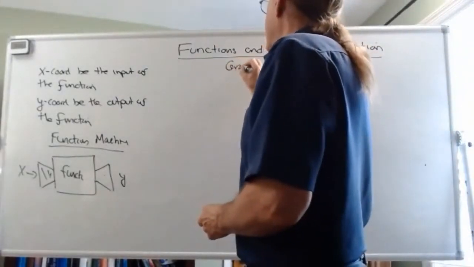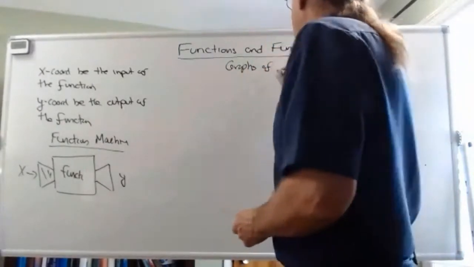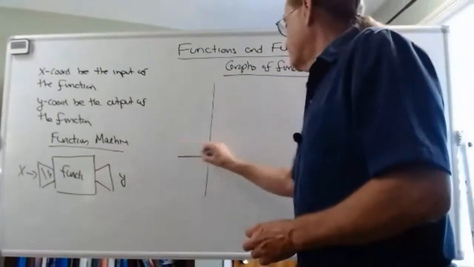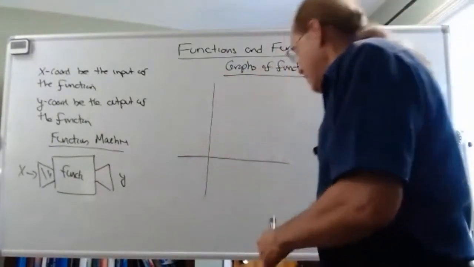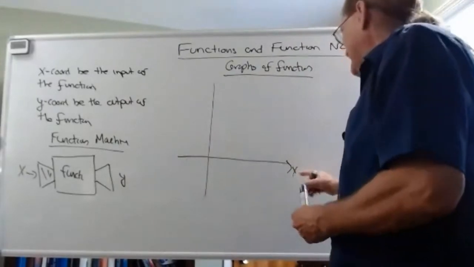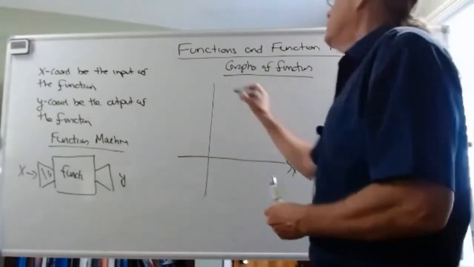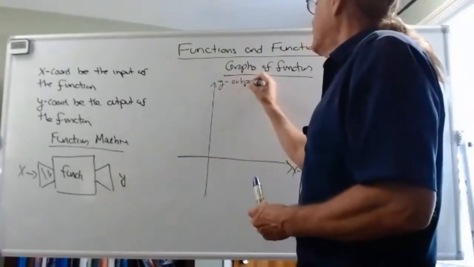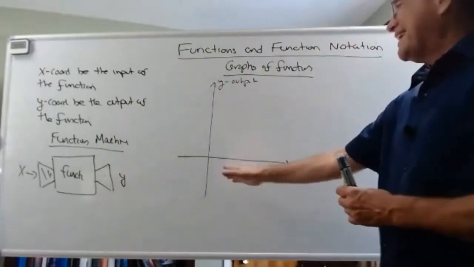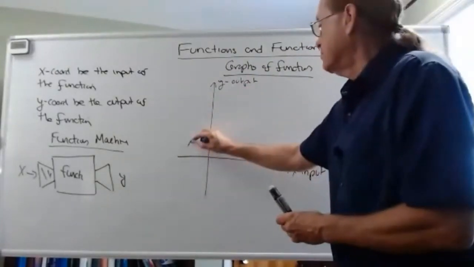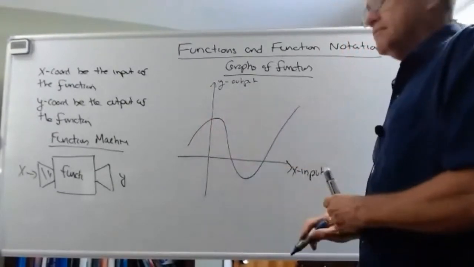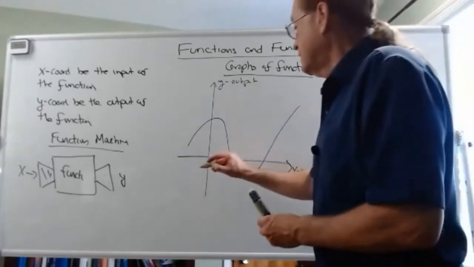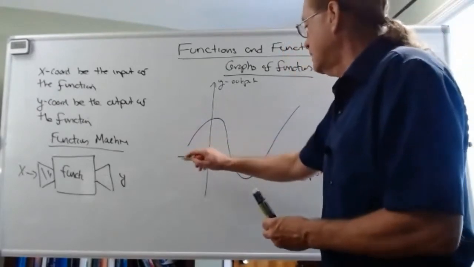So if I'm looking at graphs of functions, here's a graph, and if I was to graph it, again, my x is my input, my y, I'm going to treat that as my output. For every x, I can only have one y, so it has to kind of look something like this. One example of a function. Now, it could also look something like this. If I wanted to, it could look something like this.